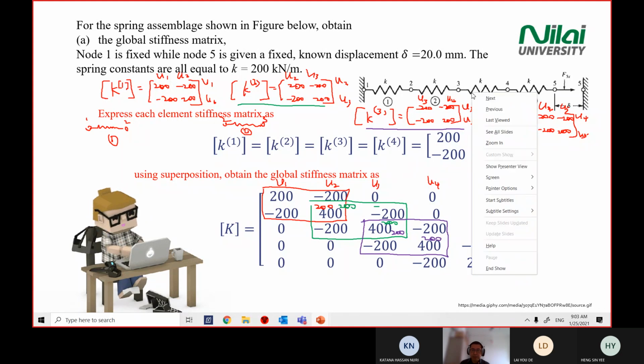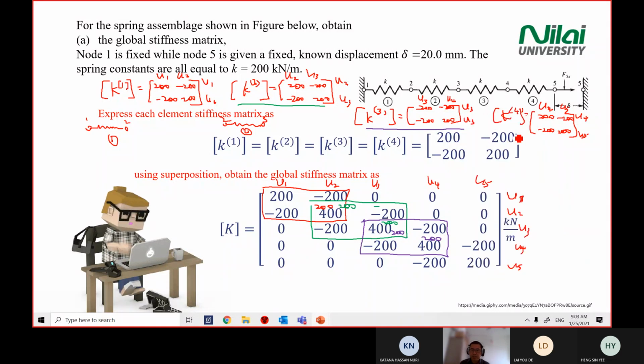Then you repeat for element number 4. I change to red color again. Element number 4 has points 4 and 5. So U4, U5. You look for U4 and U5, so it's the overlapping of this section. You just put in the coordinates.